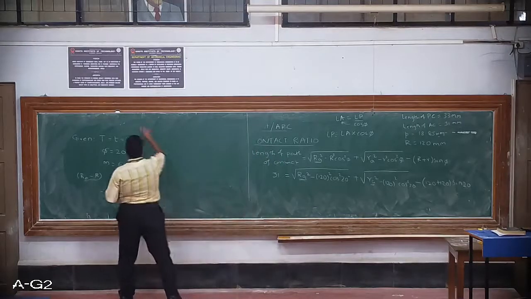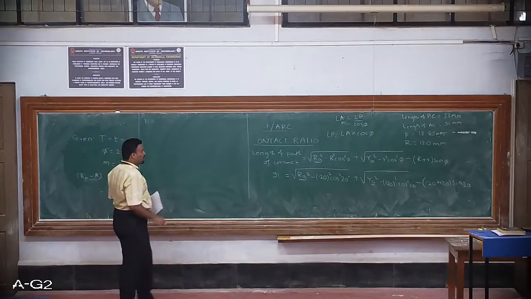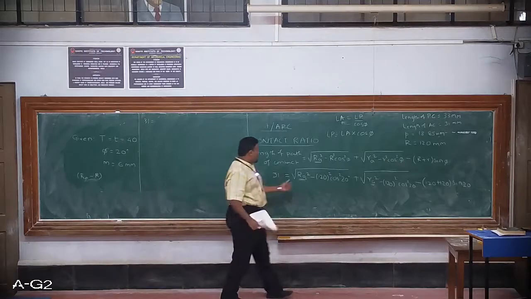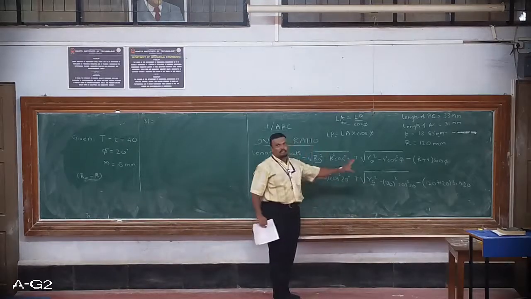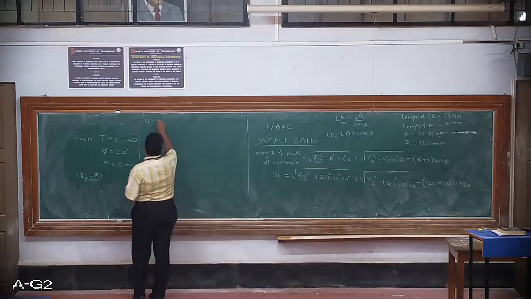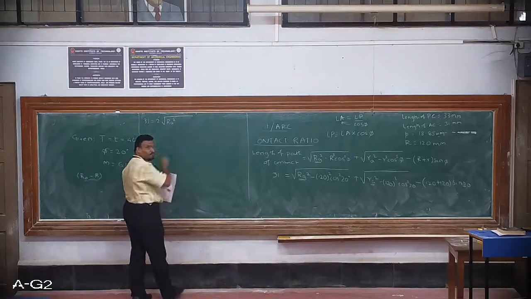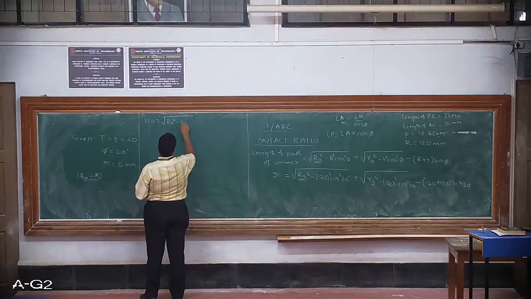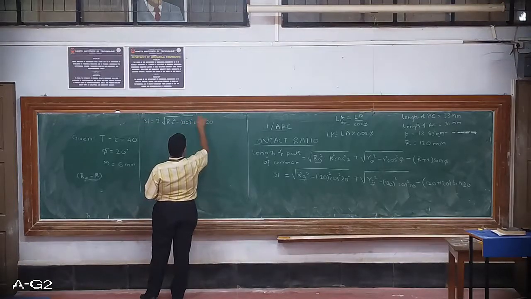So now 31 will be equal to, since this term and this term are the same, the terms under the square root are both the same, so I can write this as 2 times root of RA square minus 120 square cos square 20.